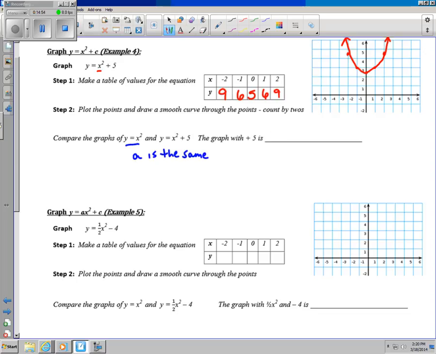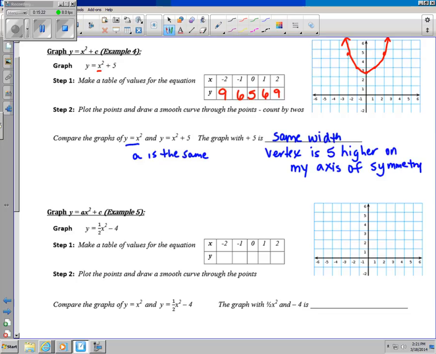So it's the same width, but what's happened to my vertex? My vertex is 5 higher on my axis of symmetry as compared to the y equals x squared.